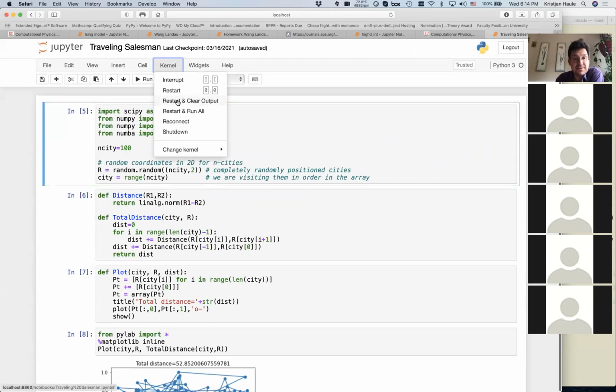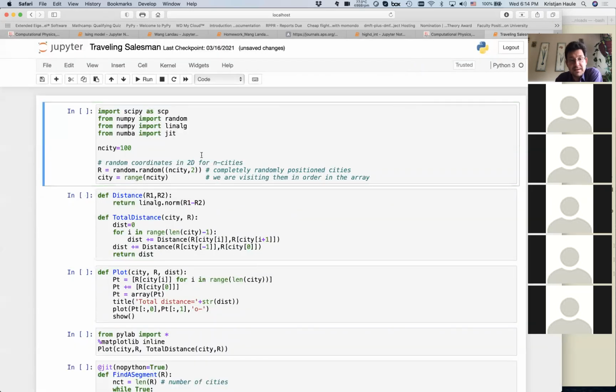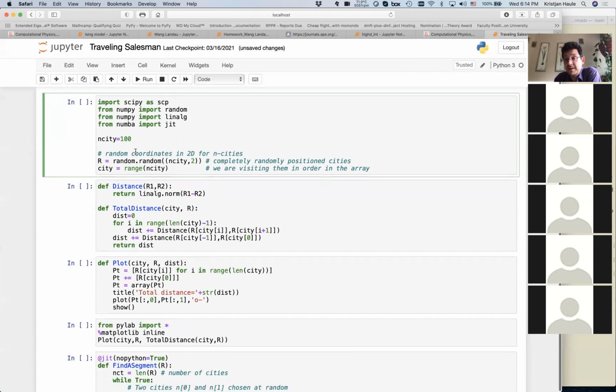So I'm gonna restart the kernel and clear output. First, I'm going to just evaluate everything so that I show you how it works, okay? And then I'm going to start explaining the details of the algorithm. So let me just run it.